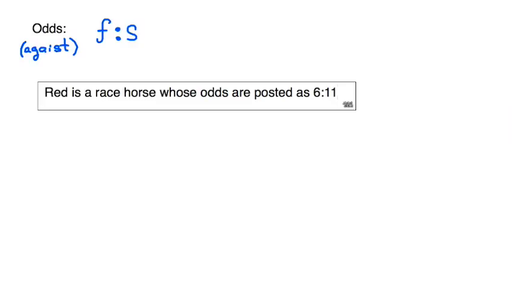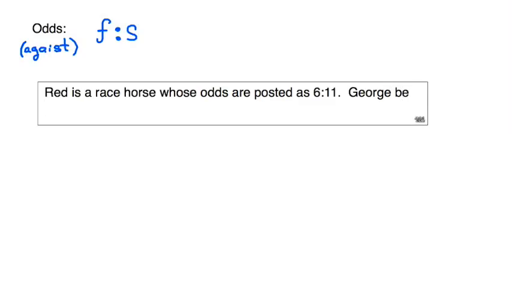Now, that means he has a chance of losing 6 times and chances of winning 11 times. Out of, well, we'll talk about that later. George, I love George. George bet, let's say $50 on Red to win. And Red won. Yay.